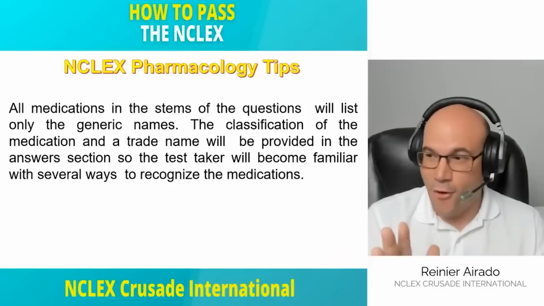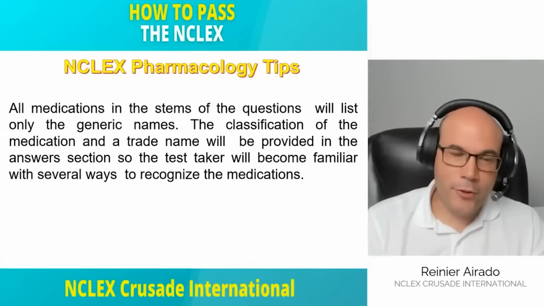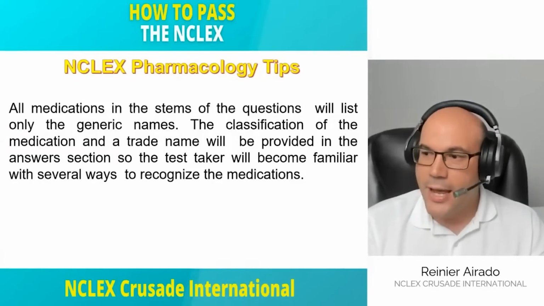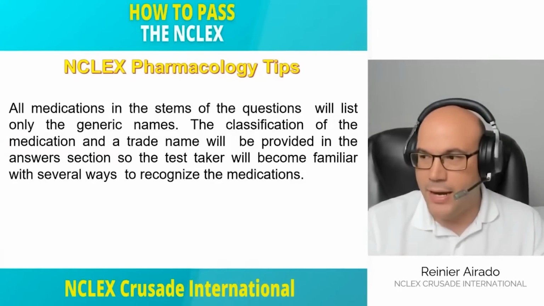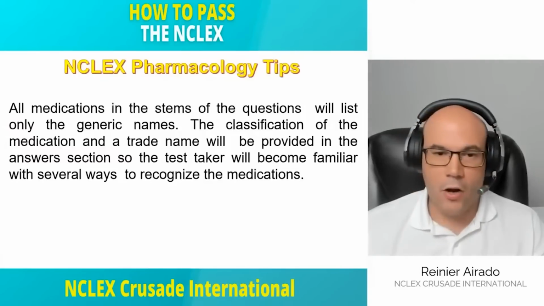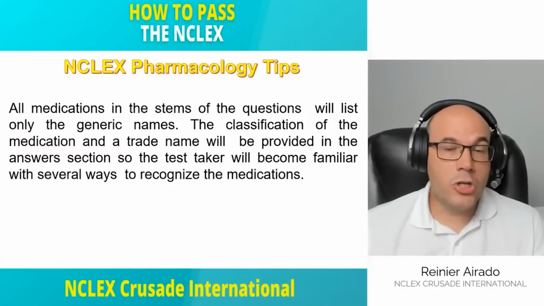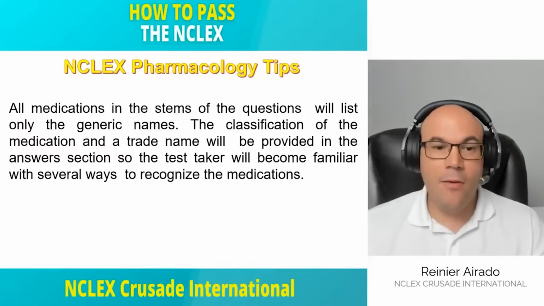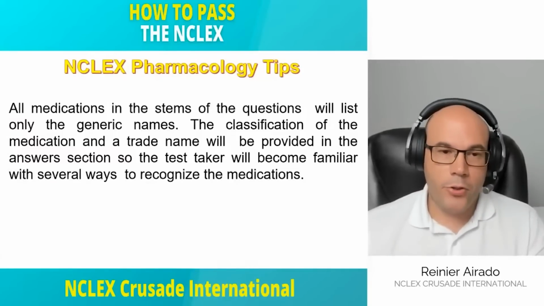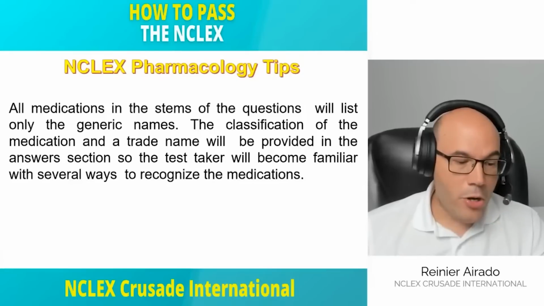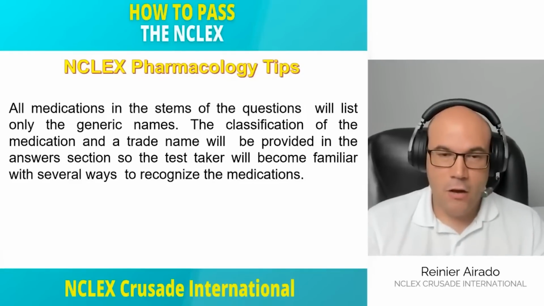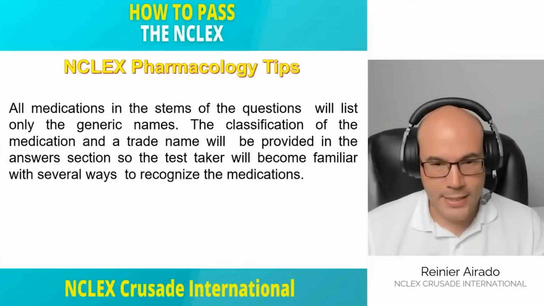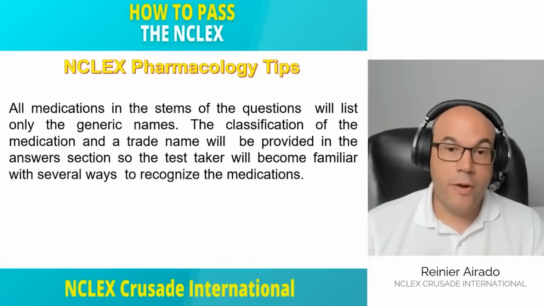Thank God for the NCLEX, now all you have to learn are classifications and the specific generic names for each one of these drugs. And if you use prefixes and suffixes, it will help you remember those categories. So if I were you, I would create a list of prefixes and suffixes that you can use to remember certain medication categories.